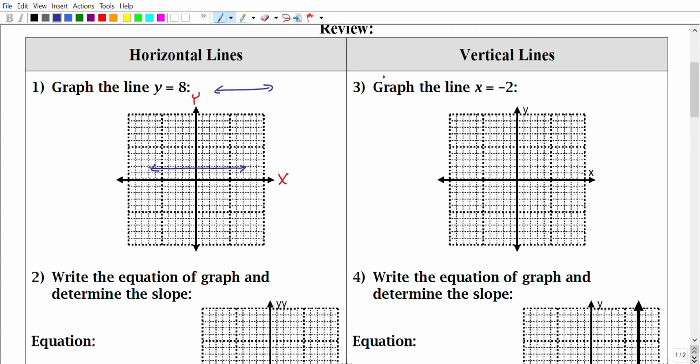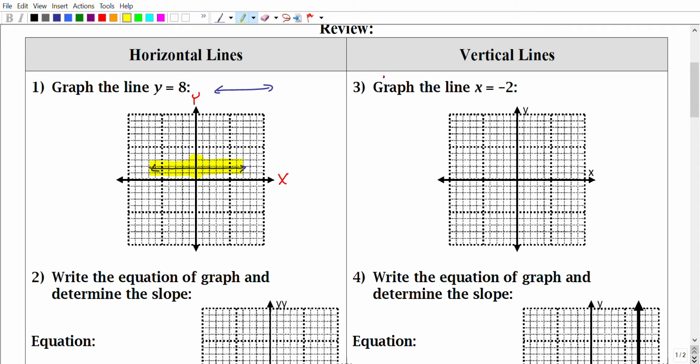A horizontal line crosses what axis? As I'm coming from the left, I'm crossing right here. What axis? I crossed the y-axis, okay?